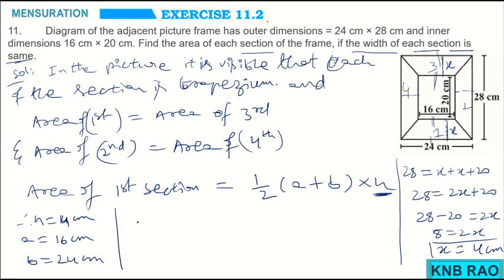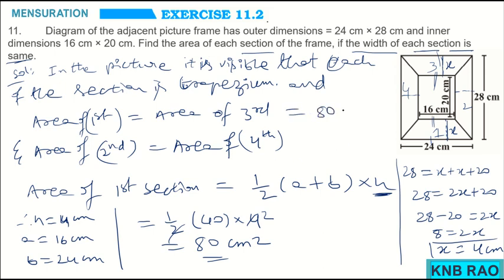On substitution, area of the first section is half of 16 plus 24 is 40 into 4. That means it is 80 centimeter square is the area of the first section. Even area of the third section is also same, 80 centimeter square.